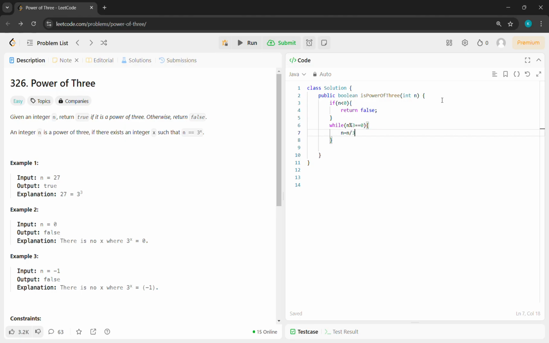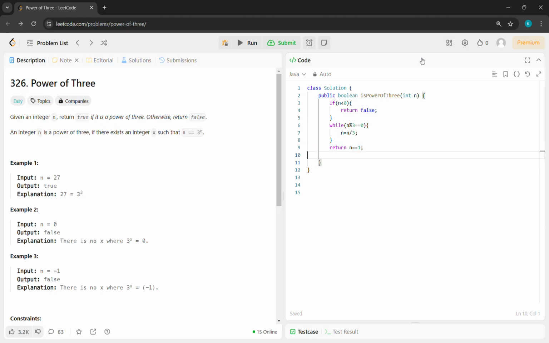Till the time the remainder we are getting is 0, we keep on dividing it by 3. And if upon getting out of the loop the value we are getting is 1, then we can consider that it is a power of 3. So that's all with respect to the solution.